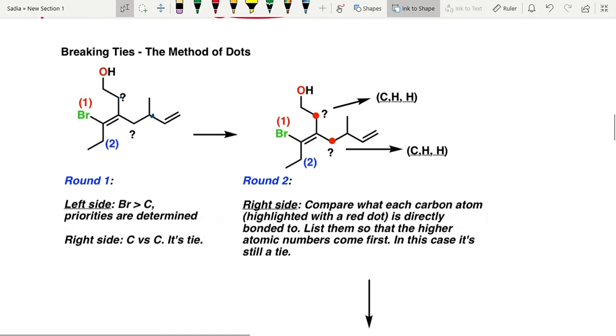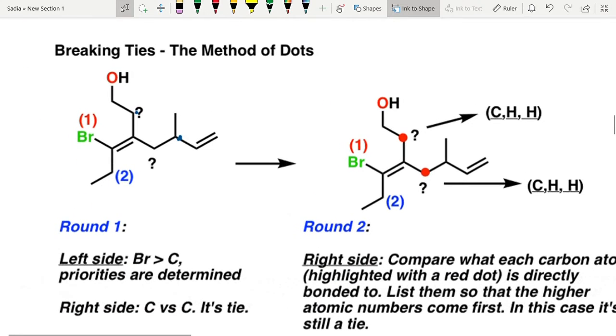Let's take this example over here. We're taking this carbon double bond into account, right? So we're going to see this carbon first. We have bromine bonded on one side and carbon atom bonded on other side.